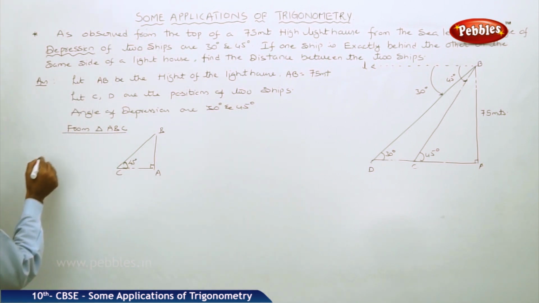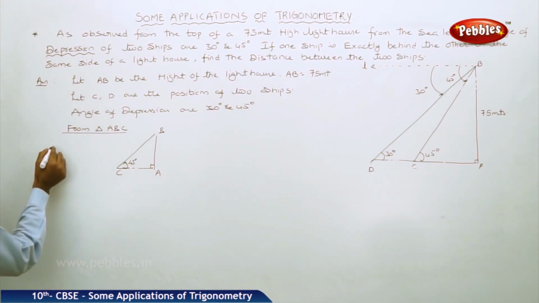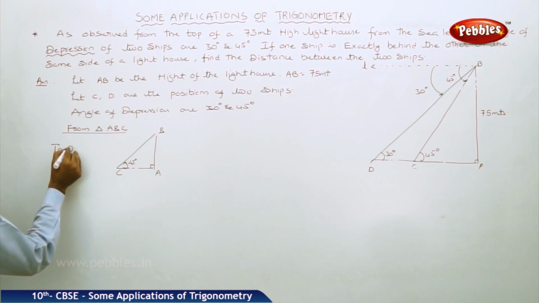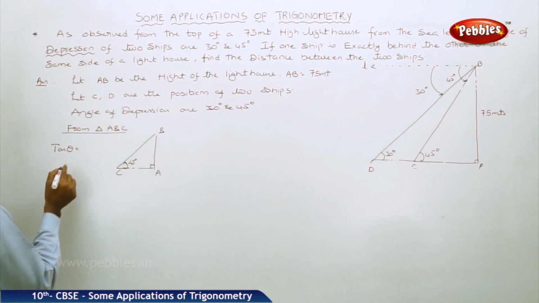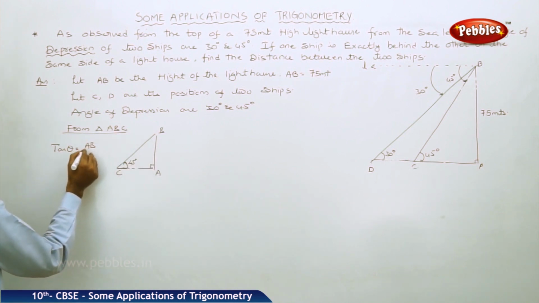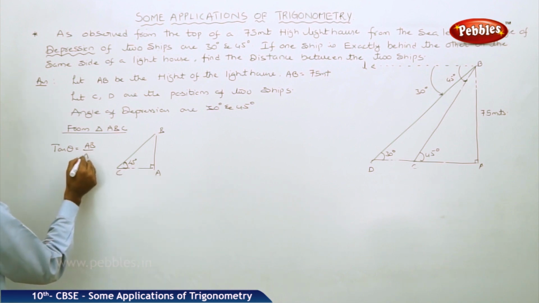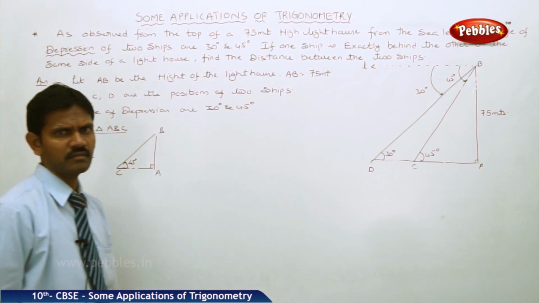Now tan 45 degrees, tan theta is equal to opposite side AB by adjacent side AC.